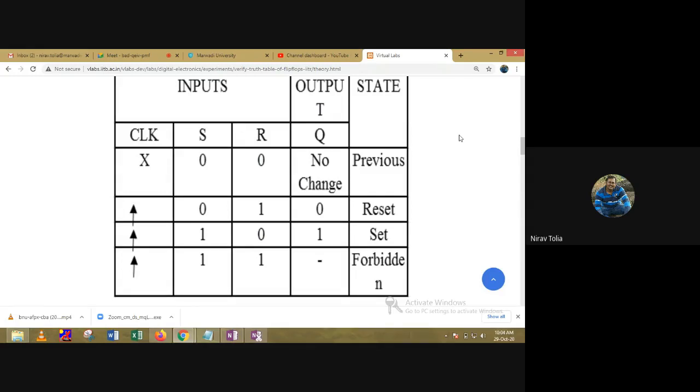Okay, so without applying the clock pulse, the output of the SR flip-flop will not change.